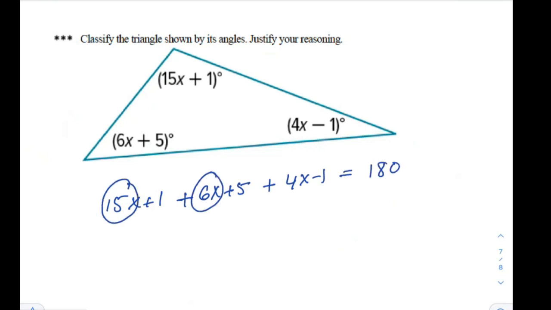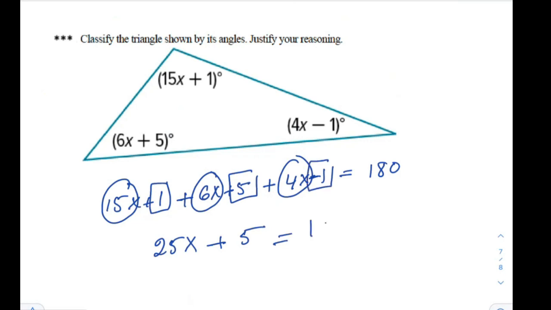Add 15 plus 6 plus 4, it is 25x. Plus 1 plus 5, 6, minus 1, 5. Equals 180. So 25x is 180 minus 5, which is 175. Divide by 25.